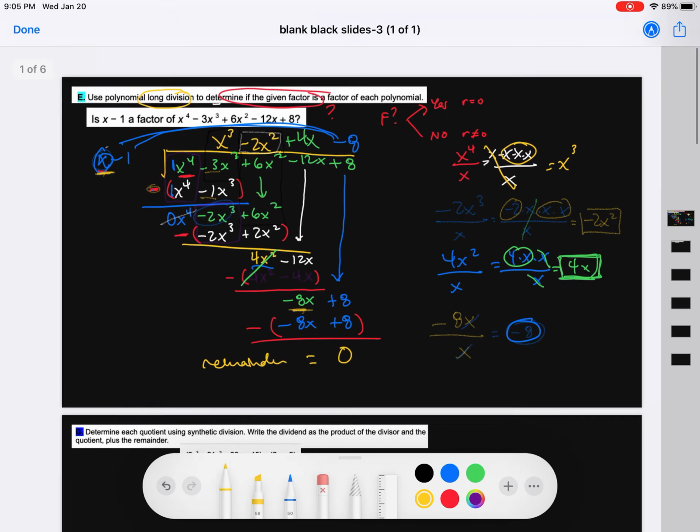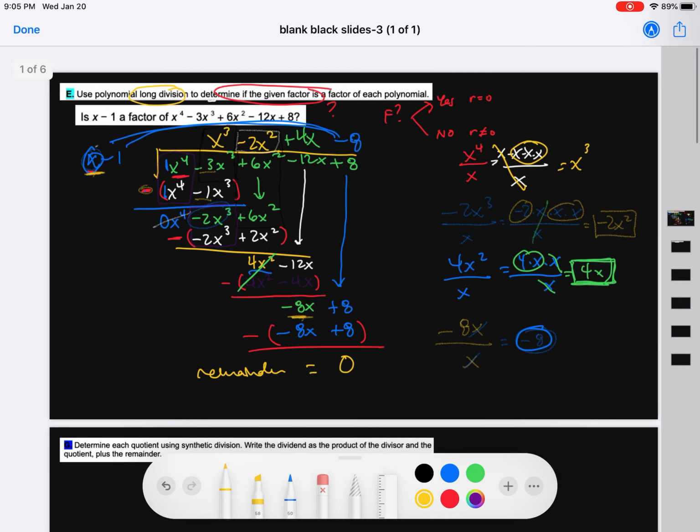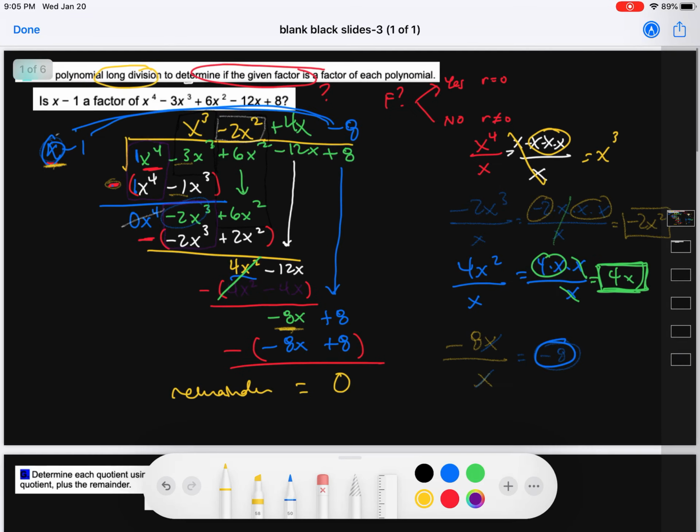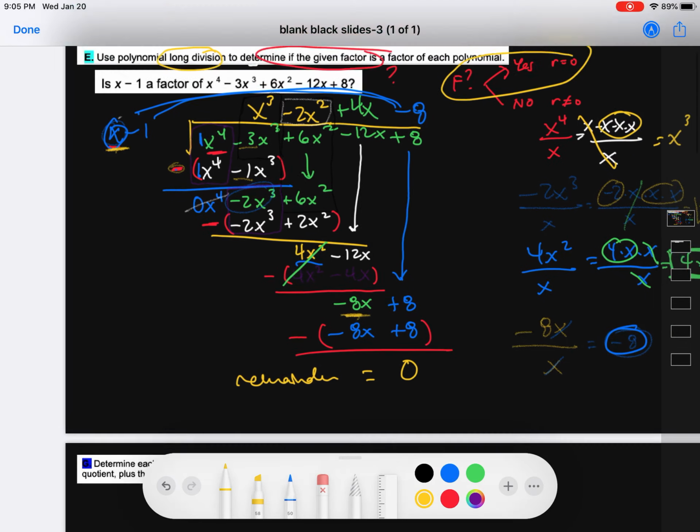So it says use polynomial long division to determine if the given factor is a factor of the polynomial. And the answer is what? Yes, so let's write that.